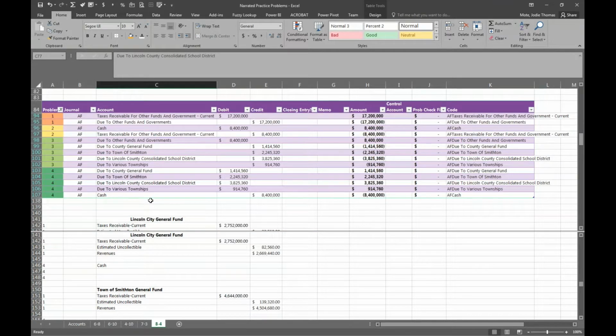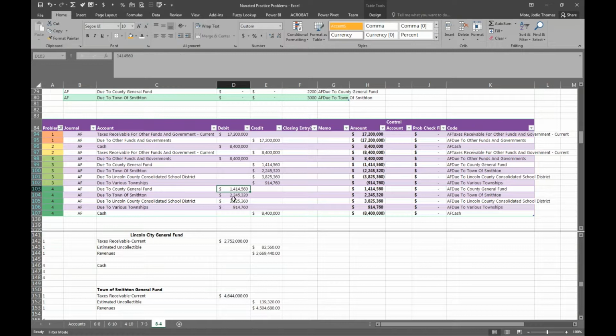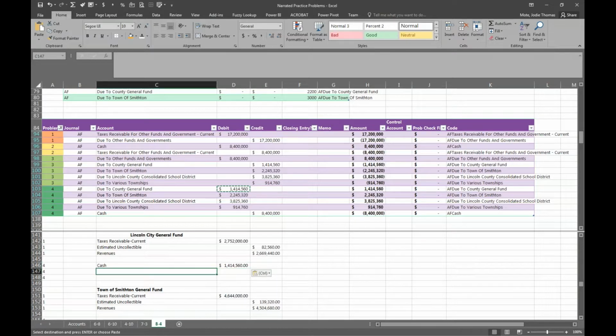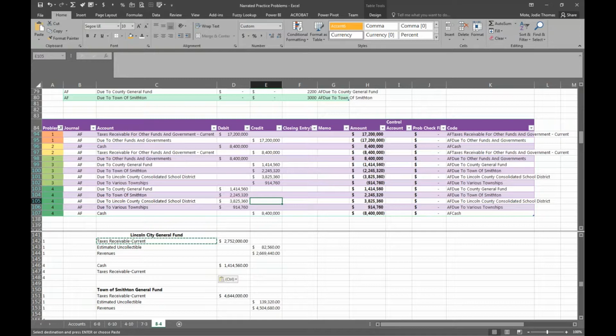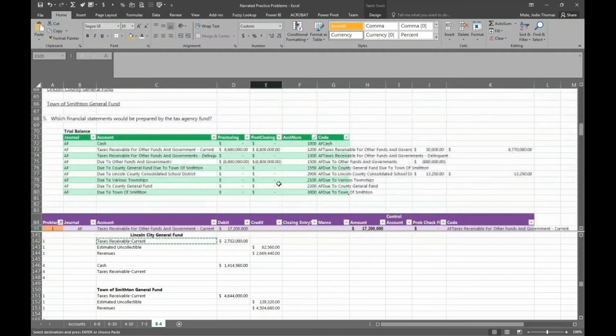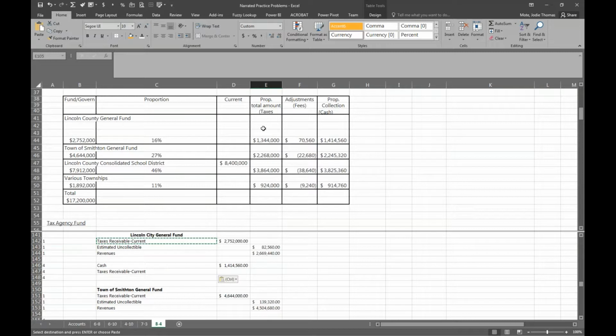You're getting this much cash, and you're reducing your taxes receivable by what was it, 1.344 million or something? Because remember, part of what we're getting there is a fee. Oh, I know where we recorded it, up here in our little table. Yes, 1.344 million is our credit.